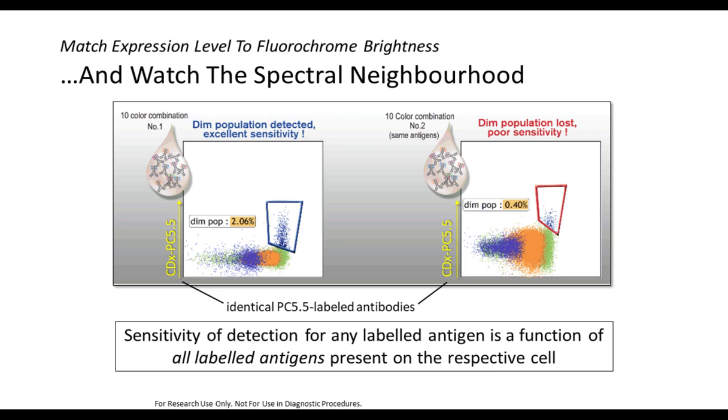So we can have a very sensitive detection. What we can take away from this, comparing this to staining, is that the sensitivity of detection for any labeled antigen is really a function of all the fluorescent labels that we find on the cell surface.